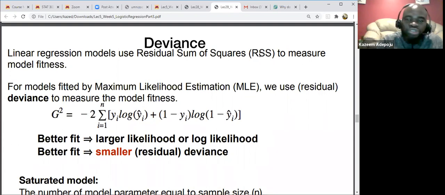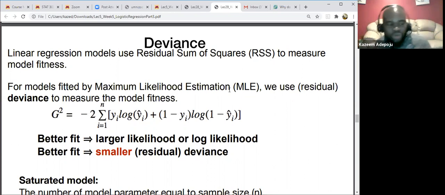But in a logistic regression model, the models are not fitted by least square. The models are fitted by maximum likelihood. And if the models are fitted by maximum likelihood, then we're going to use deviance to measure the model fitness.